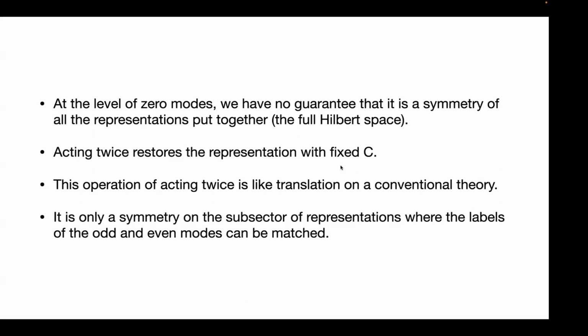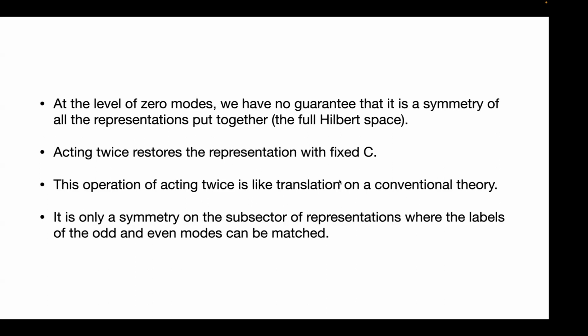So there's a difference between acting once and acting twice that makes a difference. Acting twice is like a regular translation symmetry, and acting once is something that's not quite like a translation symmetry. So there's two types of system, or two types of symmetry.